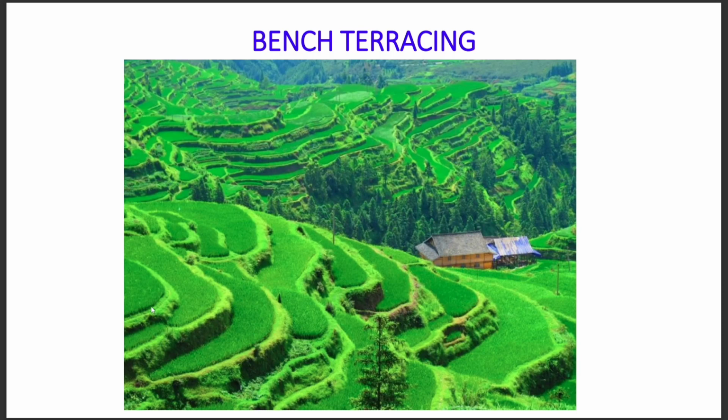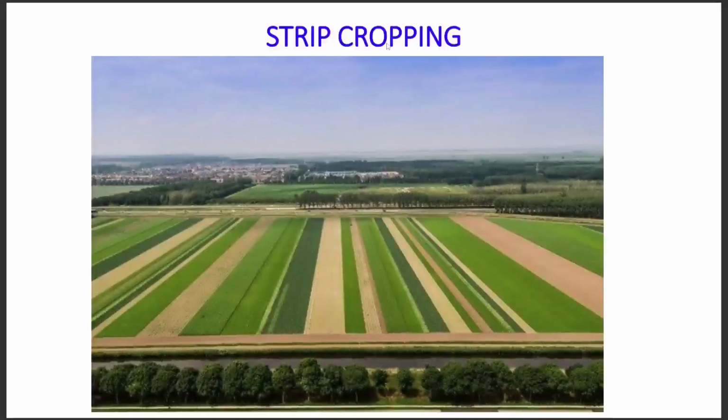So no soil will be eroded or transported into the lower region. So all that area will have a good amount of topsoil. Then we have strip cropping. Mainly in strip cropping, we have different strips, and in these strips we cultivate the crops.